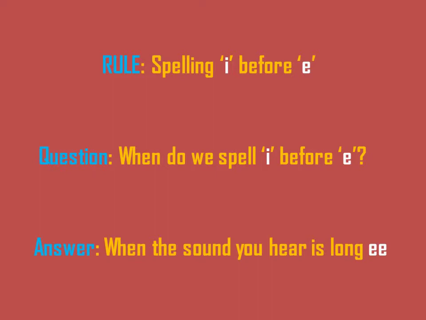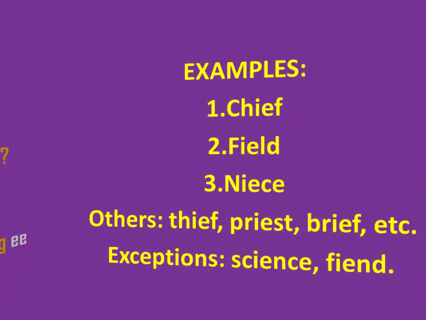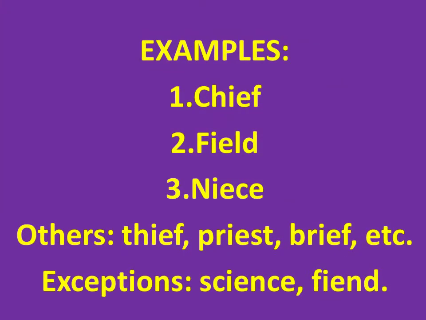The double E shows you that the sound is long. So when I have the long E sound, I spell I before E. Examples include chief, field, niece, thief, priest, brief, and so on.